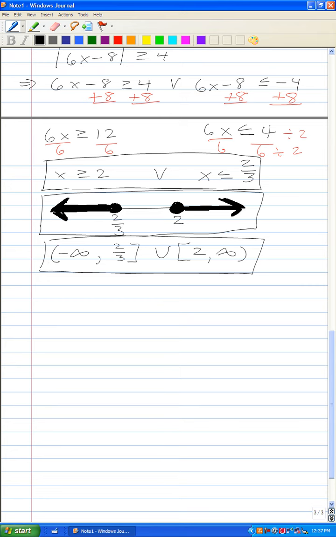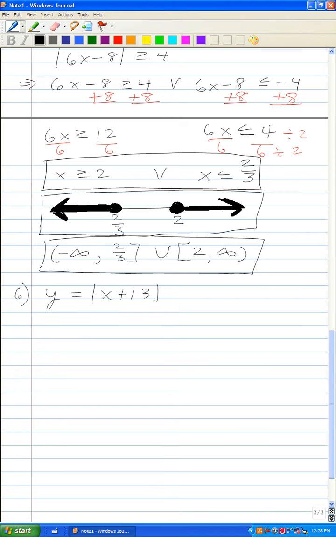Let me do problem number 6. Graph with 5 ordered pairs. y equals absolute x plus 13.